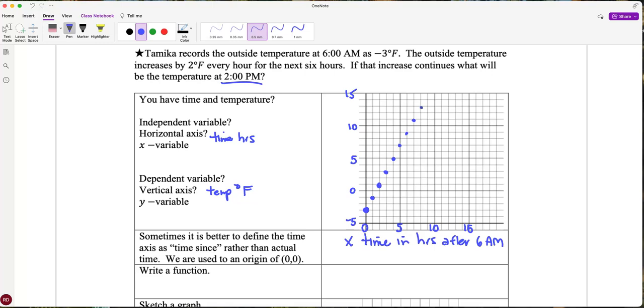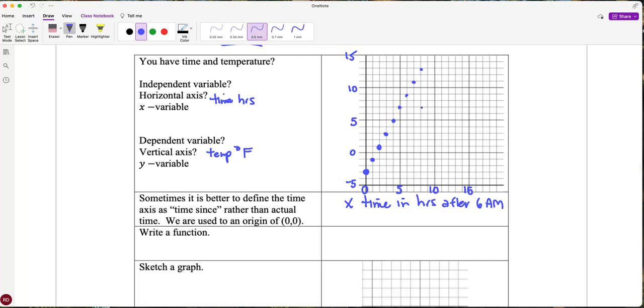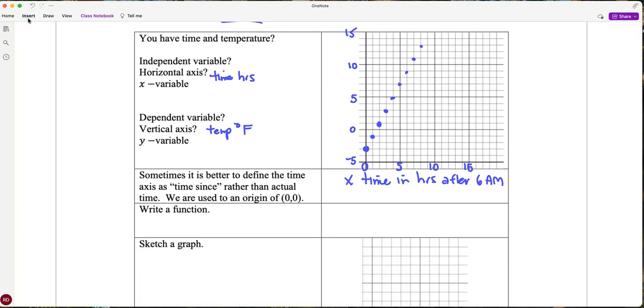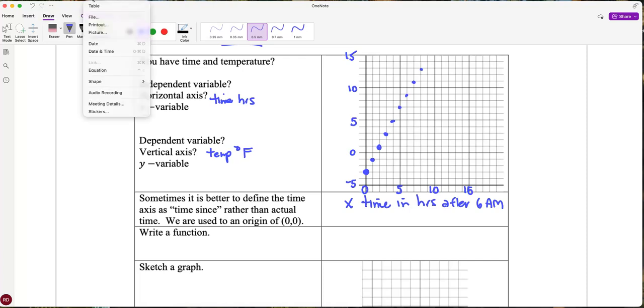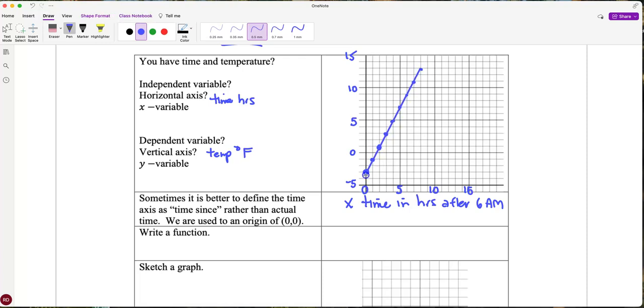If we look at what function this might be, I can see that this looks like a linear function. It's increasing by 2 every hour. I can do better than that, so let me try to draw a better line. I'll use some of my features here: insert a line, so a straighter line gives a better graph.